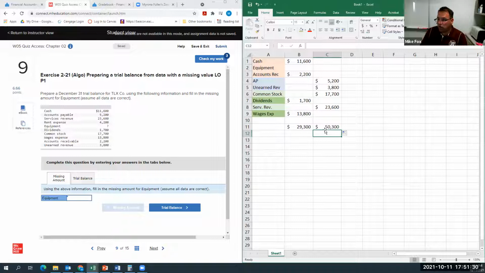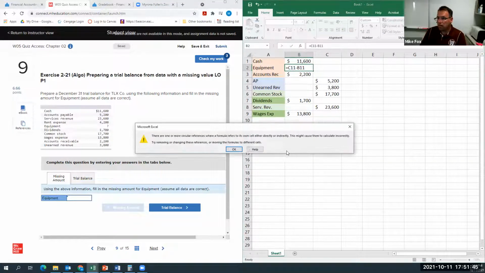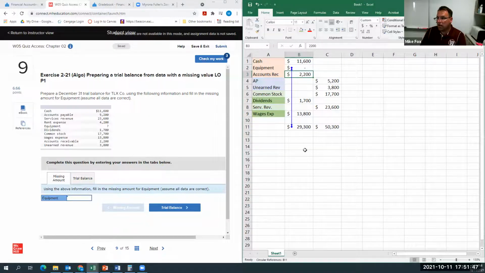Really I just have to subtract my credit side from my debit side, and the difference between those is going to be the amount of equipment I have. So this is going to equal my credit side minus my debit side. No, it doesn't like that because it's circular. It's going to make me calculate that on my own.